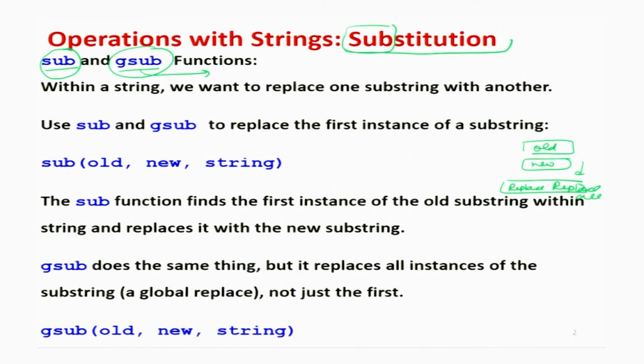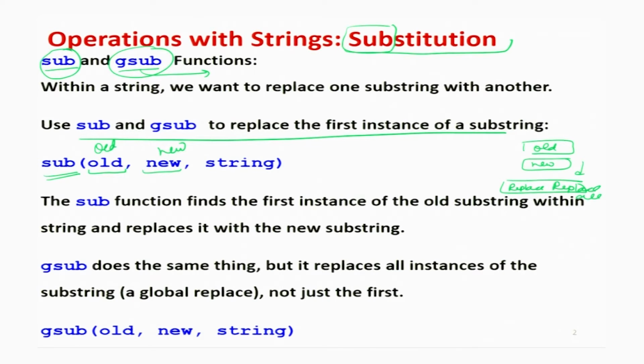Now we try to understand these two commands. As I told you, sub and gsub are used to replace the first instance of a substring. In order to use sub, first you have to write down the old word that you want to replace, and then, separated by a comma, you give the new word by which you want to replace the old word.